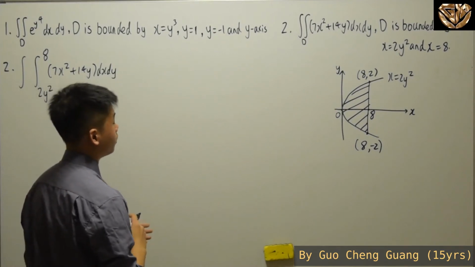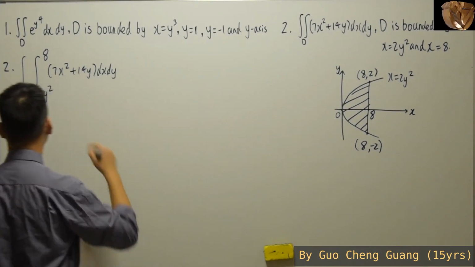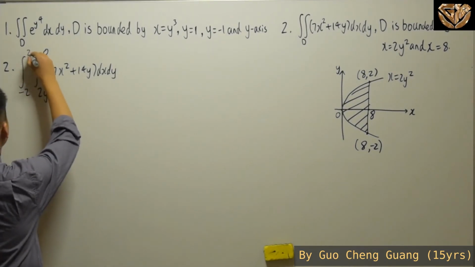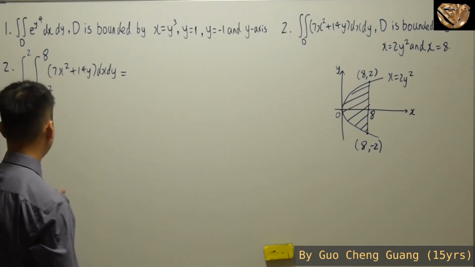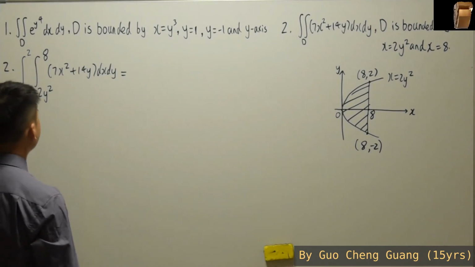While for the values of y, you're going to have negative 2 to 2. Alright, so this is pretty much what we're going to integrate.